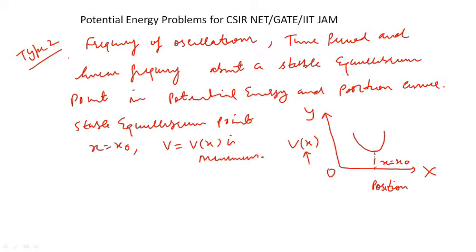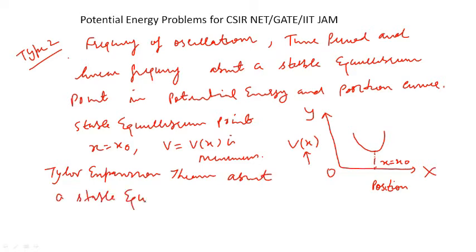Right? Now we can write the Taylor expansion theorem about a stable equilibrium point between potential energy and position.